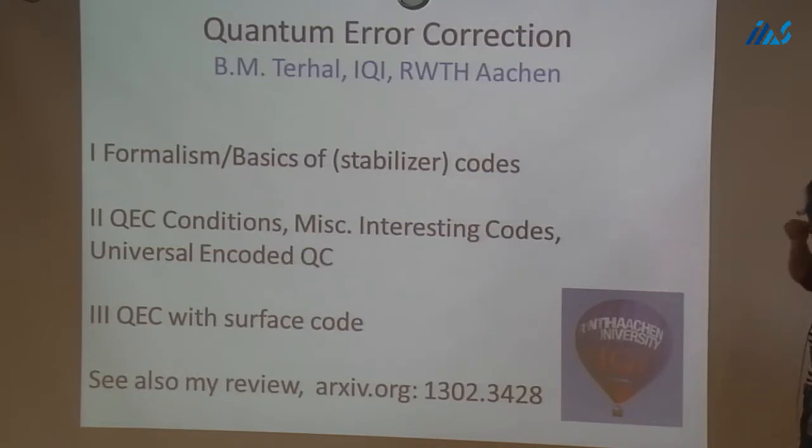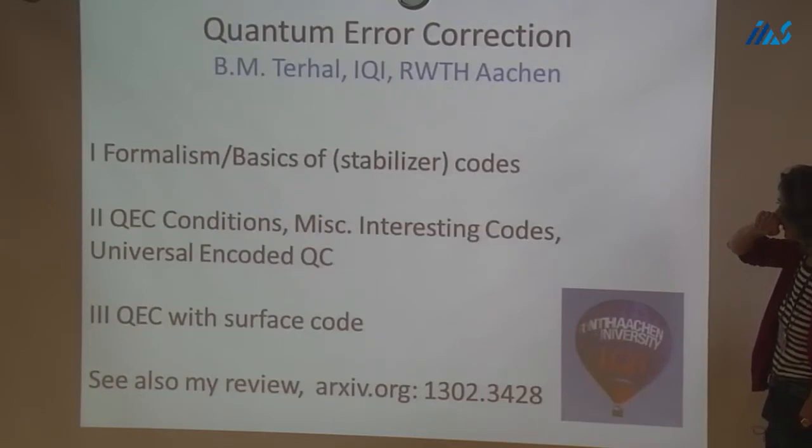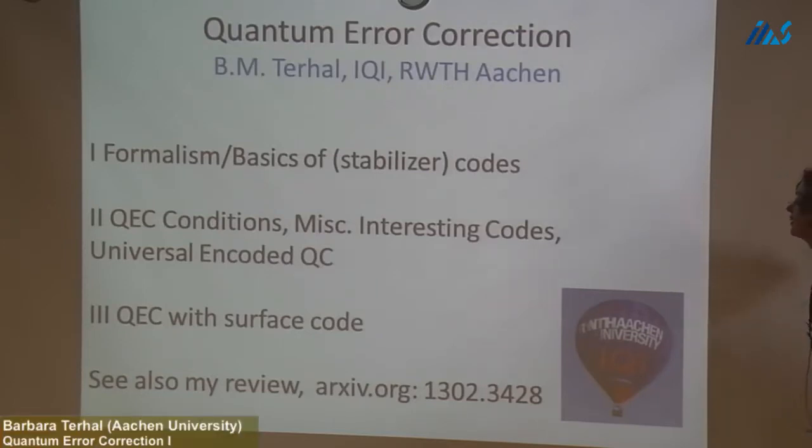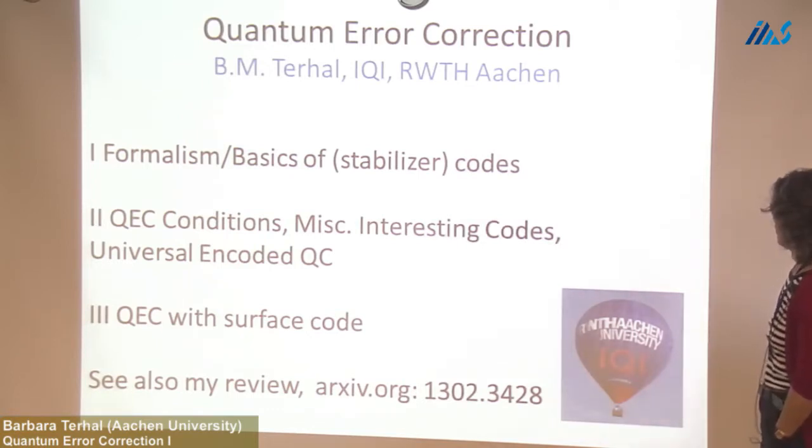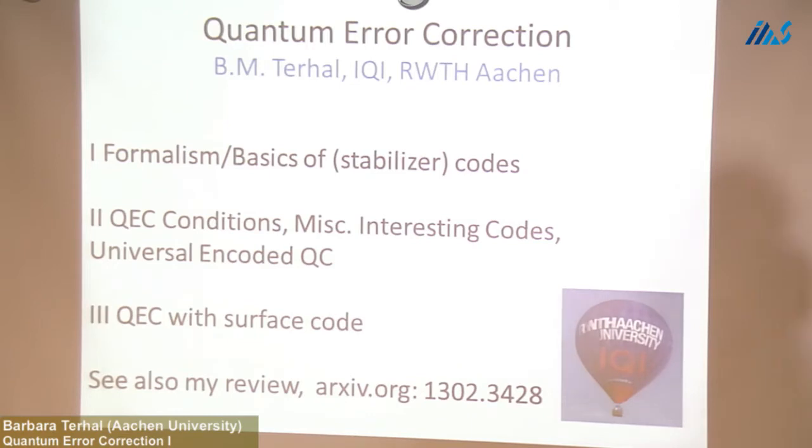And the last lecture, or part of the last lecture, because I may go slower than I want for the first two lectures, I will discuss how to do quantum error correction with the surface code and how to realize certain logical gates. I have a review on the archive from last year.